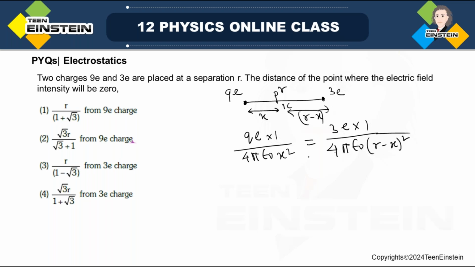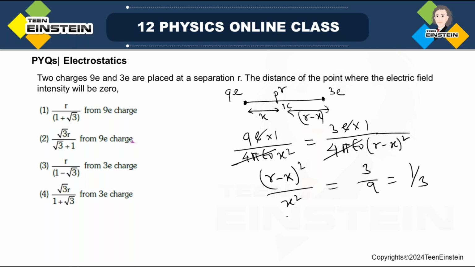Okay, so these two forces will actually balance each other, so I can cancel out the 4 pi epsilon naught. Let me write it: (r minus x) whole square divided by x square, and here it will be, the e I can cancel, so this is 9e, so it will be 3 by 9, that means 1 over 3.